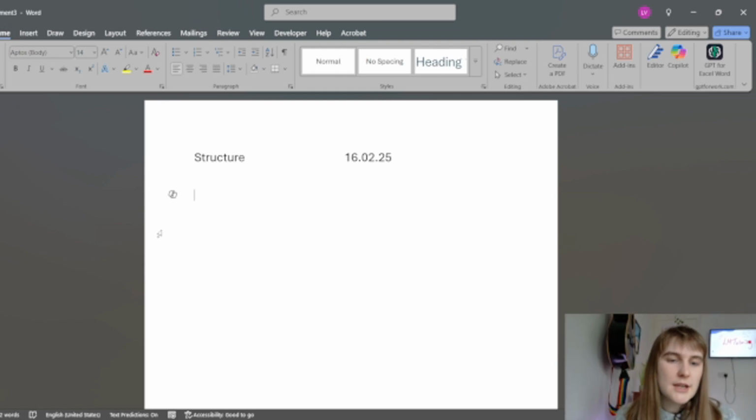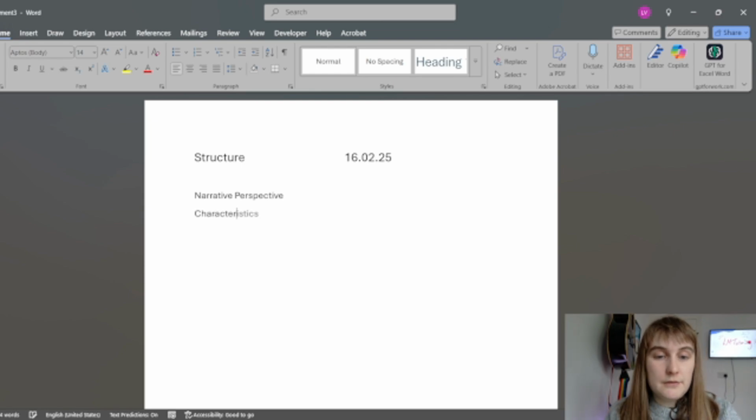So the four key things that I like to think of when we're talking about structure are narrative perspective. I will go into more detail for these as we go. Character, time, and setting.